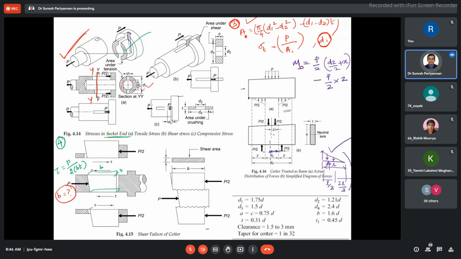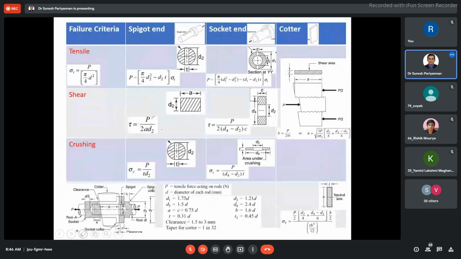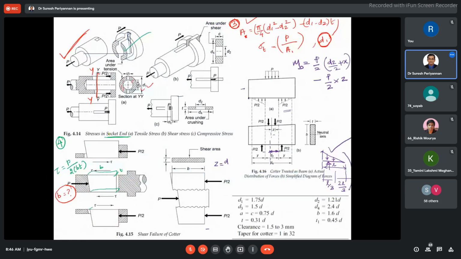We already know Z. What is Z? Z is equal to D2 by 4. And X we already discussed: X is equal to (D4 minus D2) by 6.